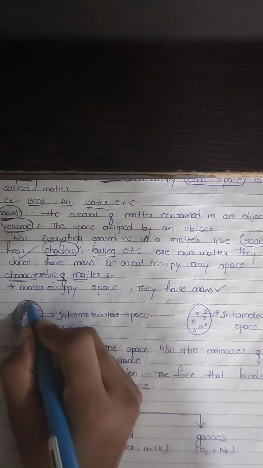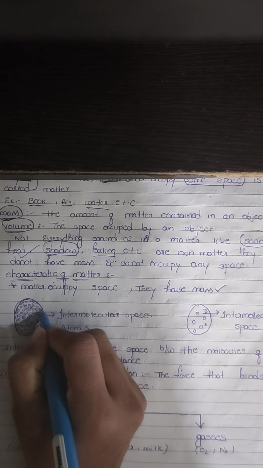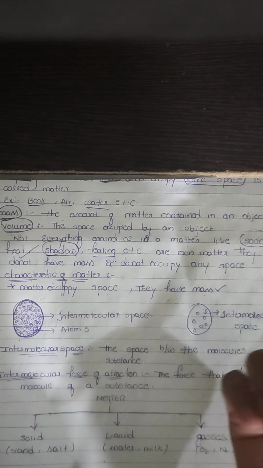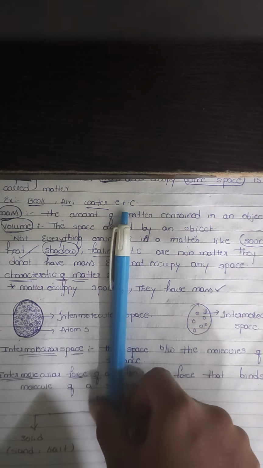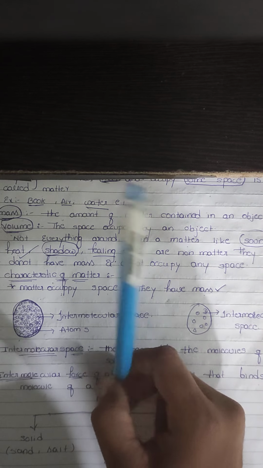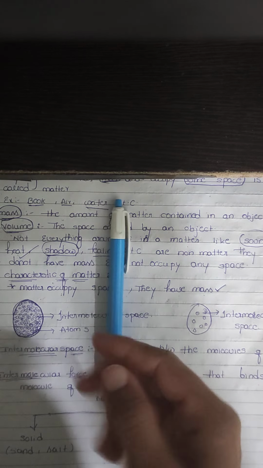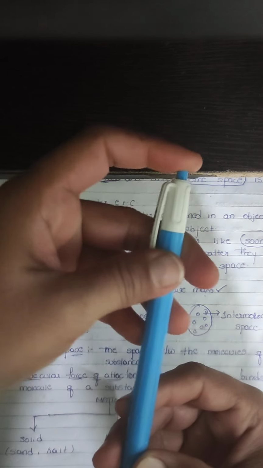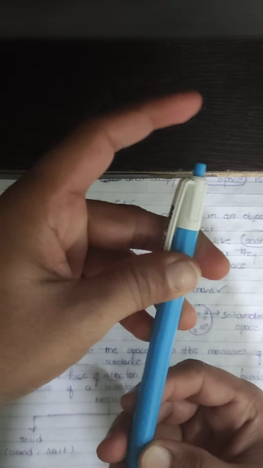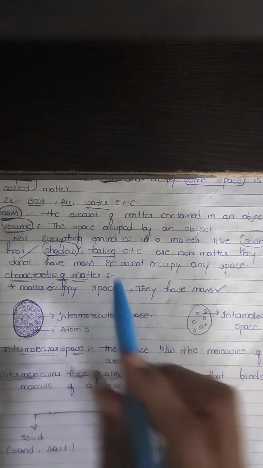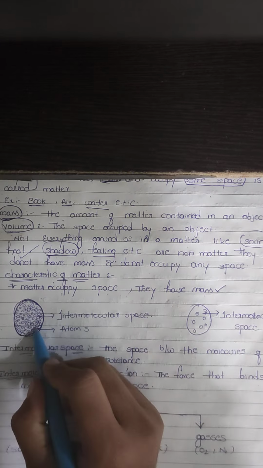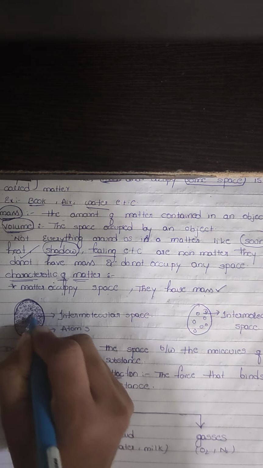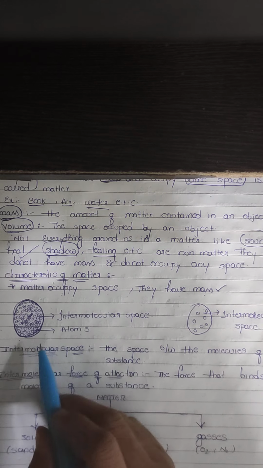Here, look at this diagram. Suppose it's an object. I told you that this pen is matter, isn't it? What is inside this pen? We have a refill and a spring. Like that, suppose you take an object, and it contains some atoms.